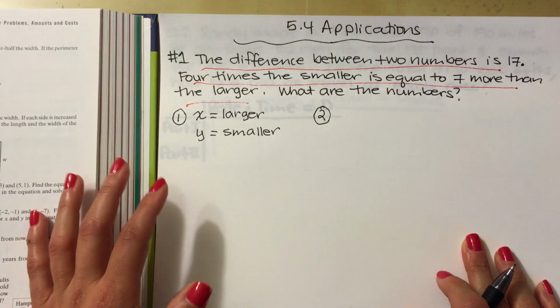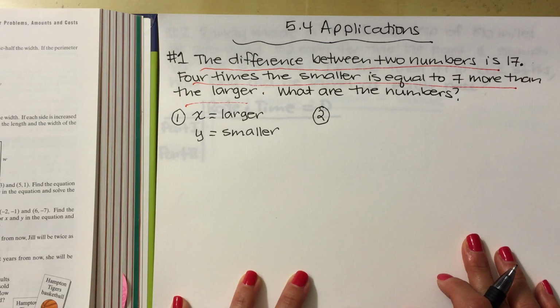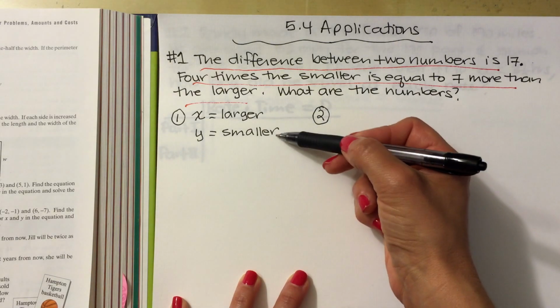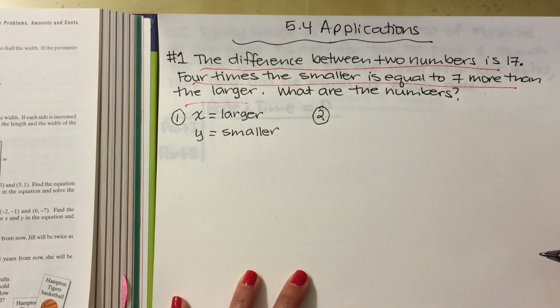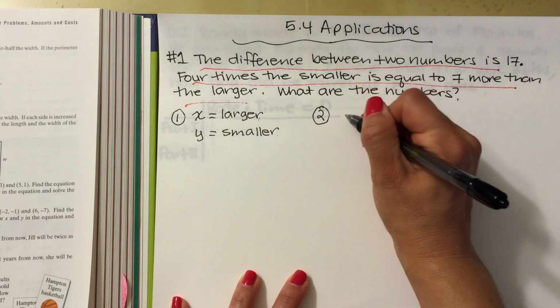So let's see. It says the difference between two numbers is 17. Difference means we have to subtract. So we just basically subtract our two numbers and the answer is 17. Make sure you write the larger number first.